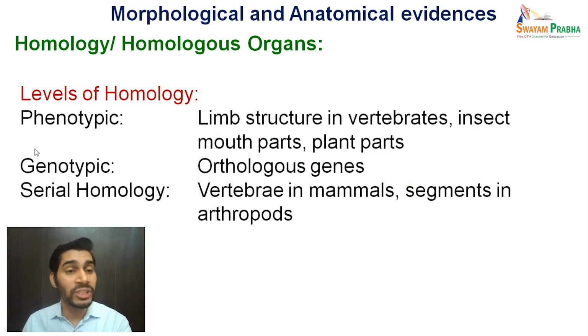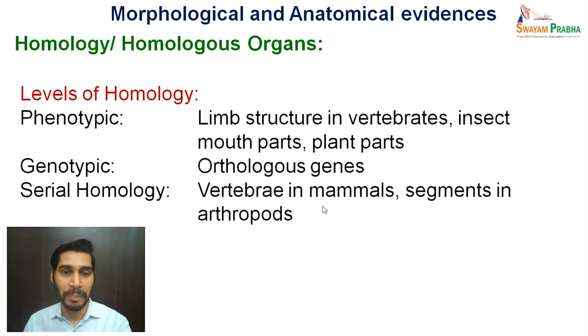This homology can also be genotypic in nature, for example, at the gene level. And the genes which are present in different organisms are called orthologous genes, which we'll discuss in a short while. This homology can also be a serial homology which is present in the same organism.